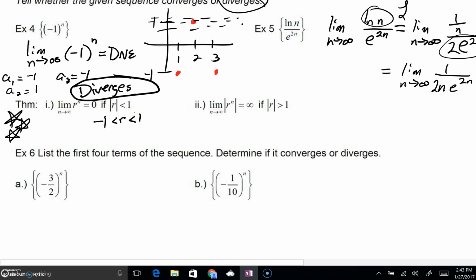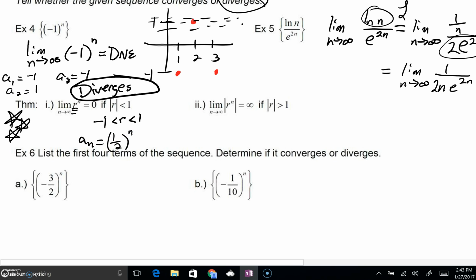That means when r is between 1 and negative 1, when the base of this exponent is between 1 and negative 1, you're going to head towards 0. Let me give you an example, just real quickly. Let's pick a number between negative 1 and 1. How about just something real basic like a half?